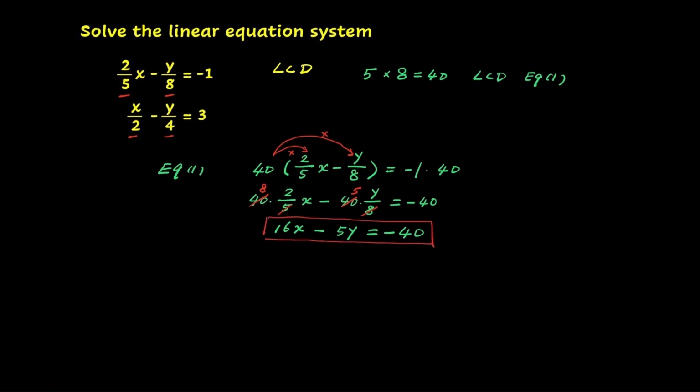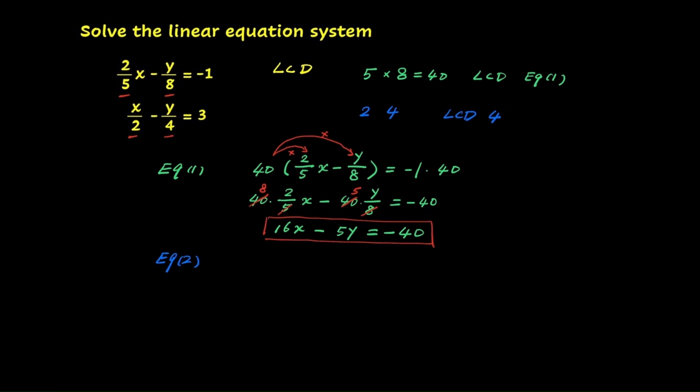Now let's follow exactly the same process to clear the fractions in the second equation. In the second equation, the denominators are 2 and 4. So the least common denominator of 2 and 4 is 4, right? So we multiply 4 on both sides of the equation.